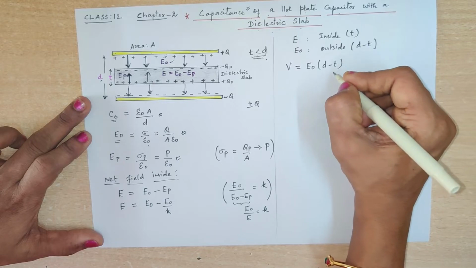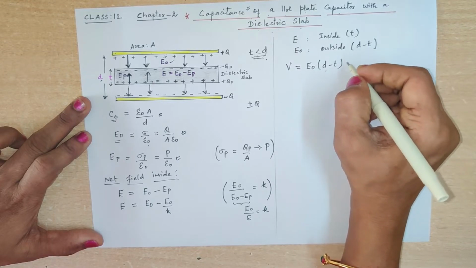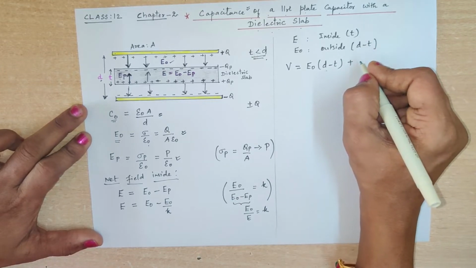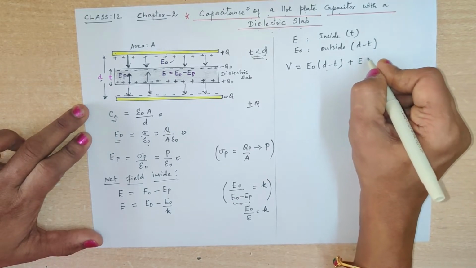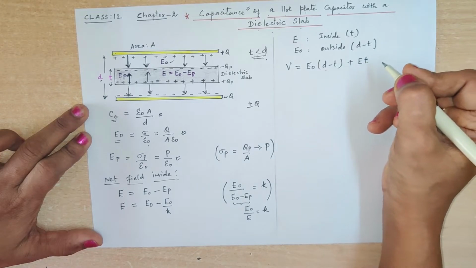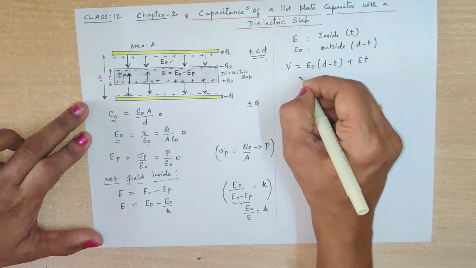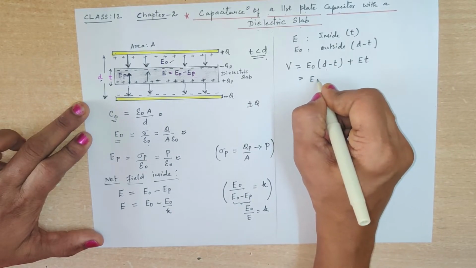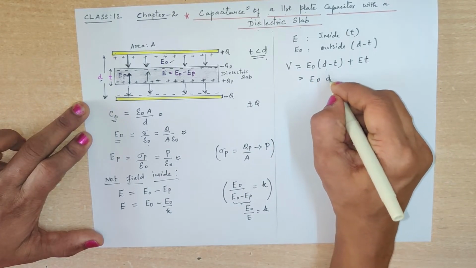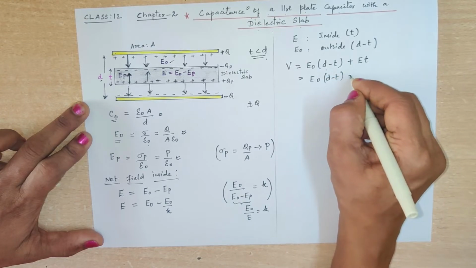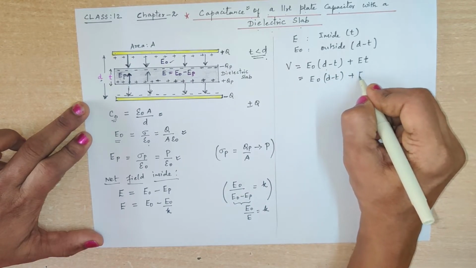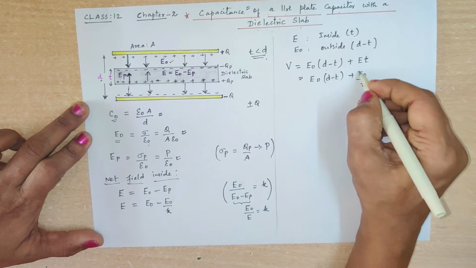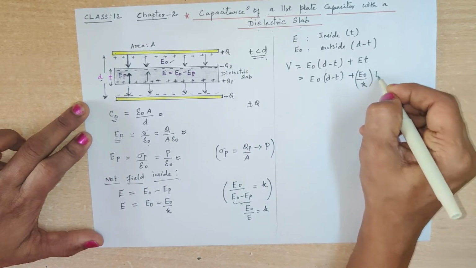Outside the dielectric slab, the potential is E naught into D minus T, and inside the dielectric slab it is E into T, that is electric field into distance. We rearrange this further: V equals E naught into D minus T plus E into T, and E can be written with the previous expression, E naught by K, so we substitute this into T.